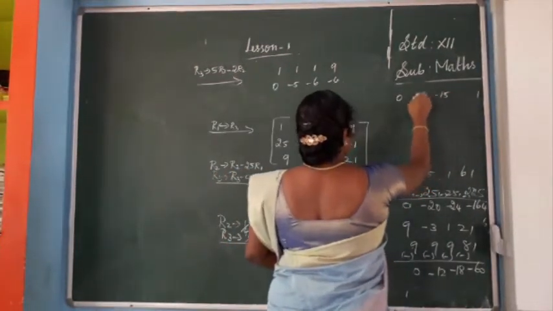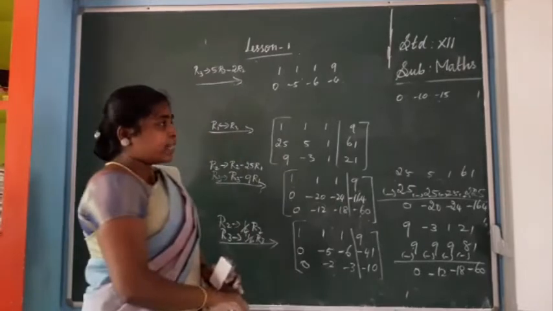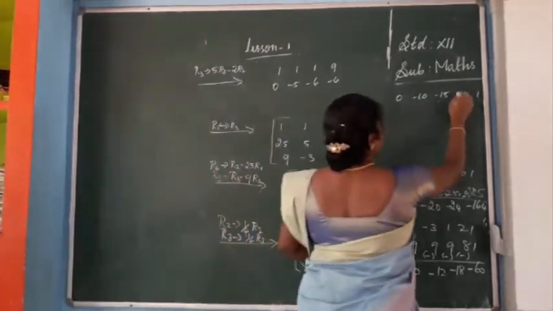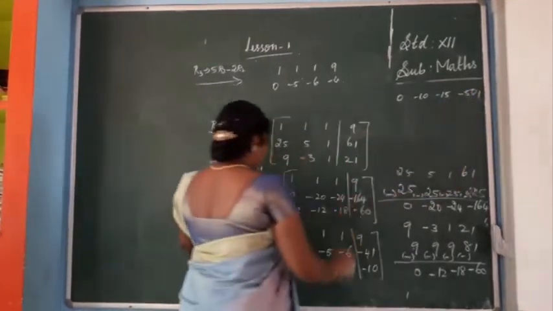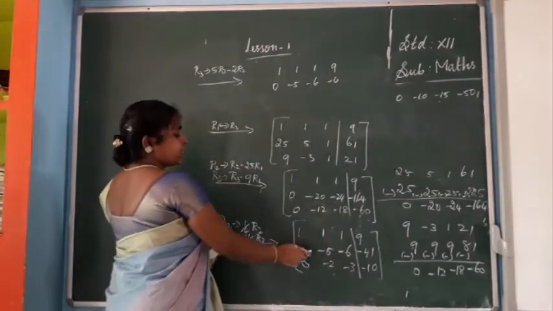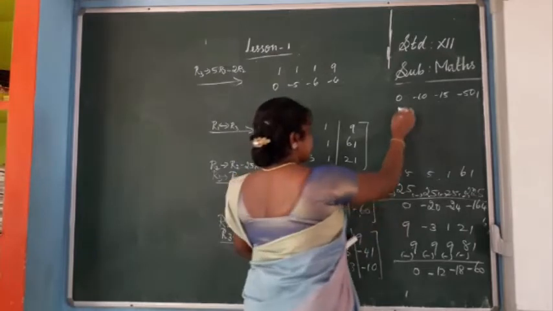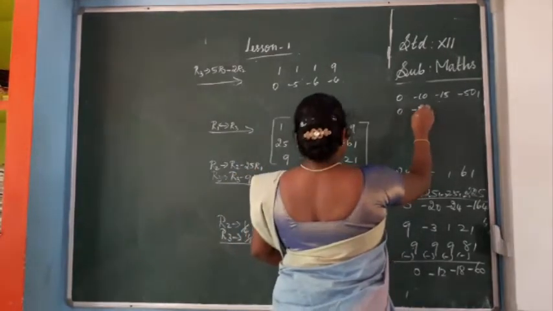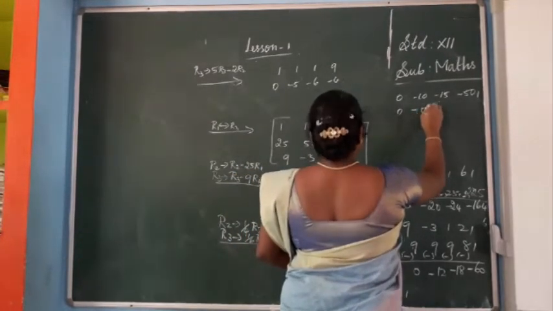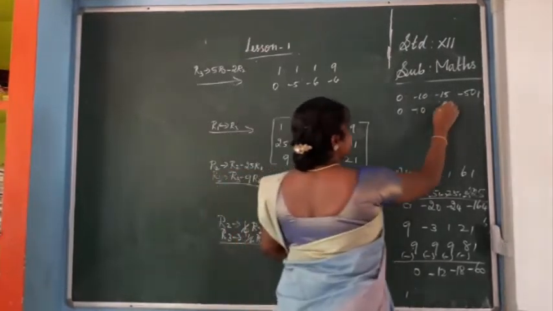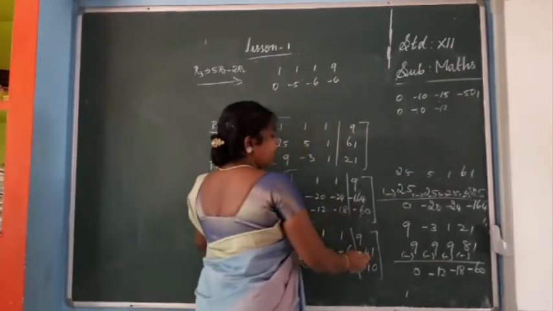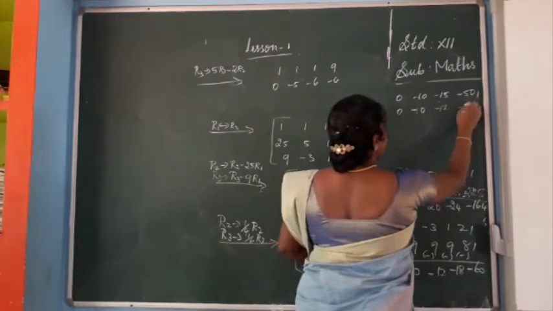Okay, next 5 into minus 10 is minus 50. Okay, next you see the second row. In the second row, what are the elements? 0. 0 into 2 is 0. 2 into minus 5 is minus 10. Next minus 6 into 2 is minus 12. Next minus 41 into 2 is minus 82.